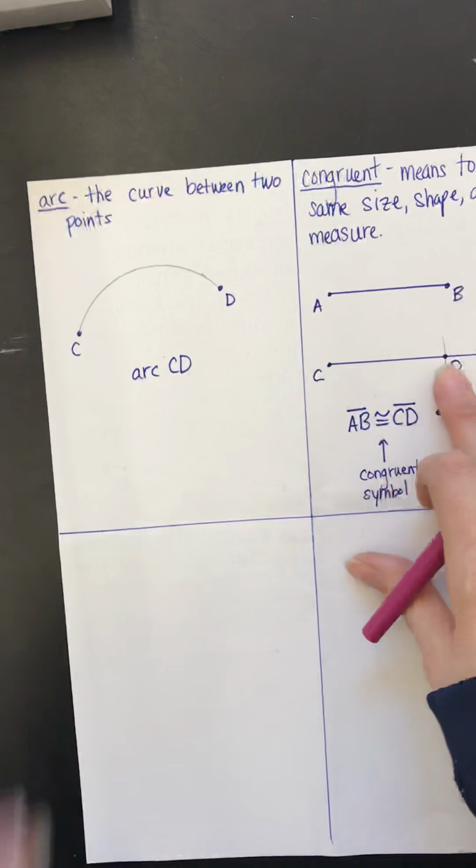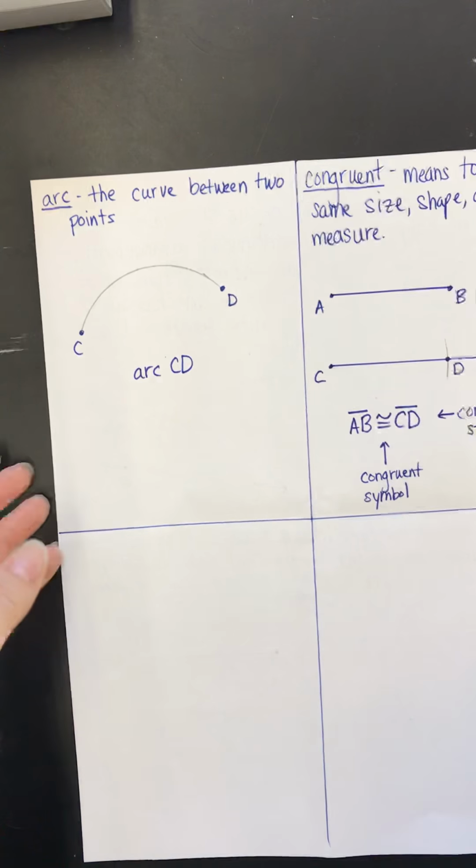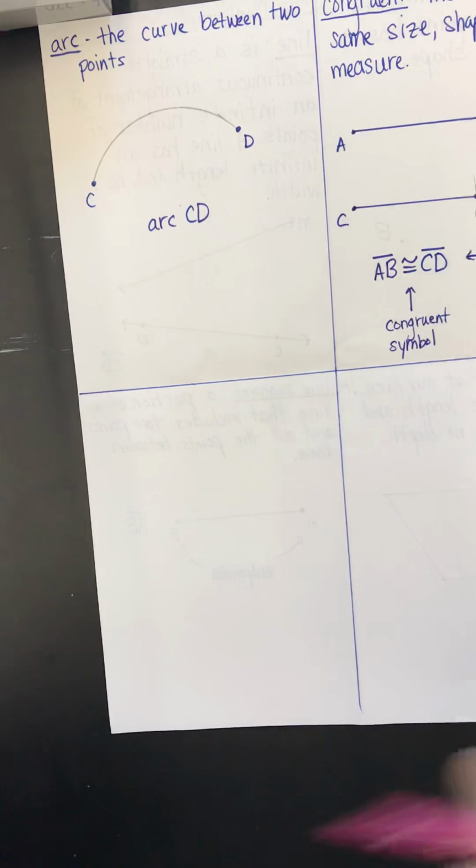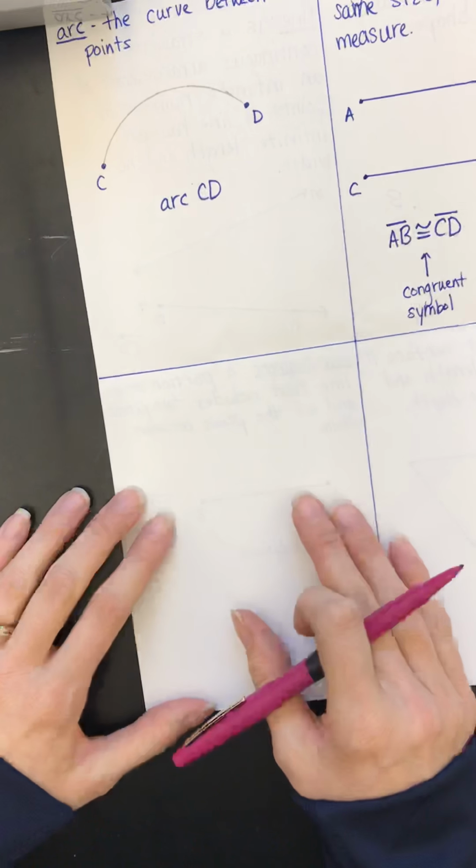Then if you open it up like a book, on the inside cover you have arc and congruent, which we talked about last time. So let's go ahead and add today's term, angle. We're going to be looking at angles. So let's go ahead and fill this in.